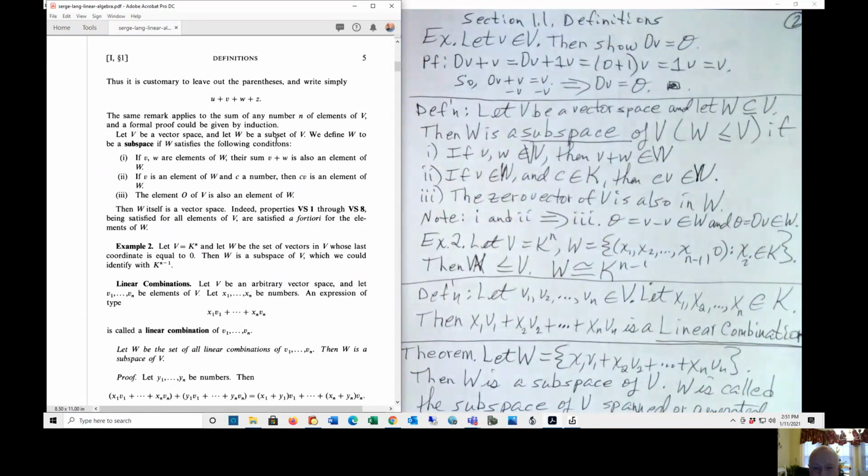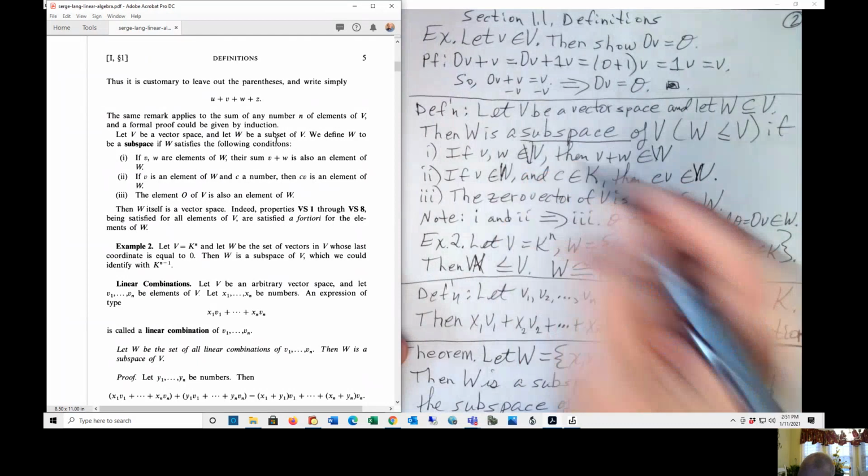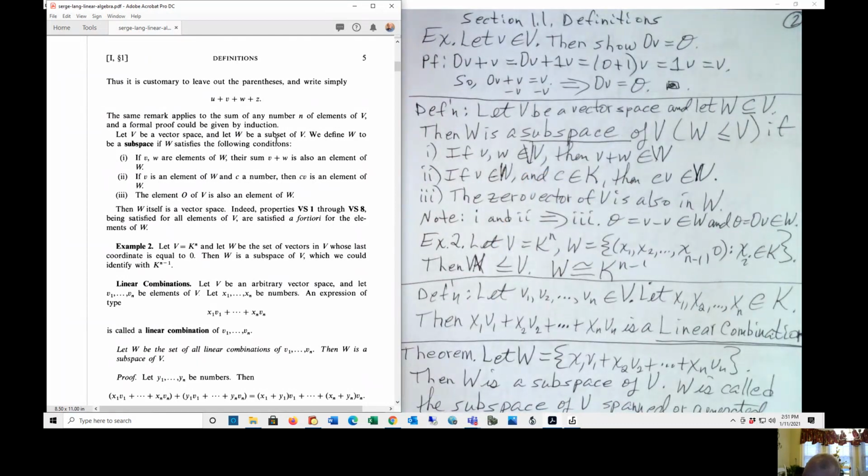If V and W are in W, then the sum's in W. And if V is in W and C is a scalar, then the scalar C times V is in W. And the third one says the 0 vector of V is also in the subspace W. Well, that immediately follows from the first two. See?